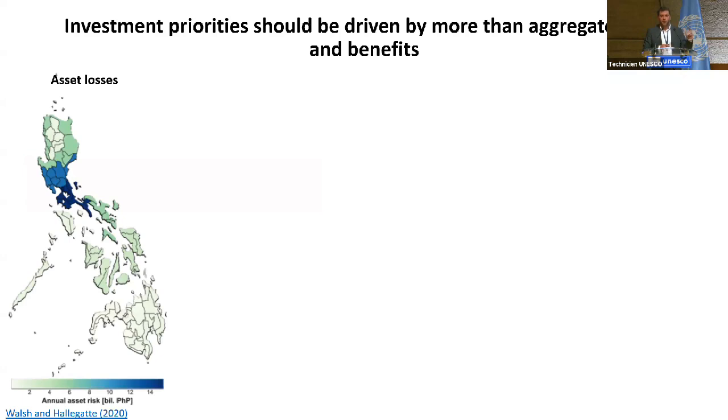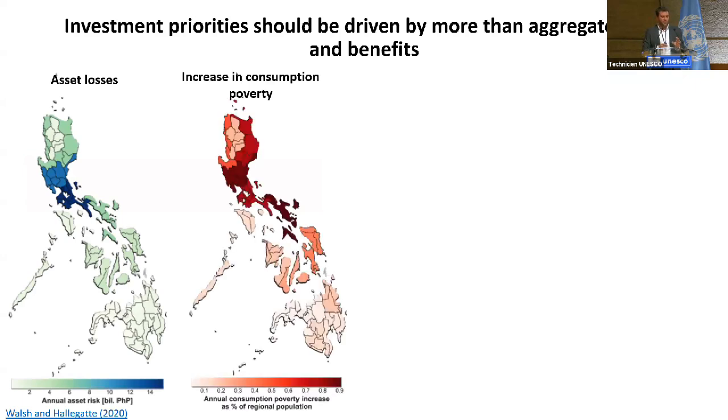But we've just shown before that that's actually quite a biased metric because it's not taking into account who is being affected. So going one step forward, based on some work with household surveys that's processed through a model which is called the Unbreakable model, we can actually start to get at who would fall into consumption poverty if the typhoon occurred, right?